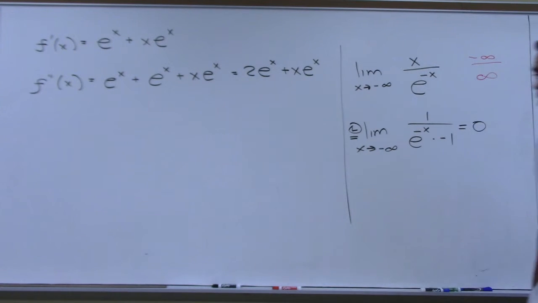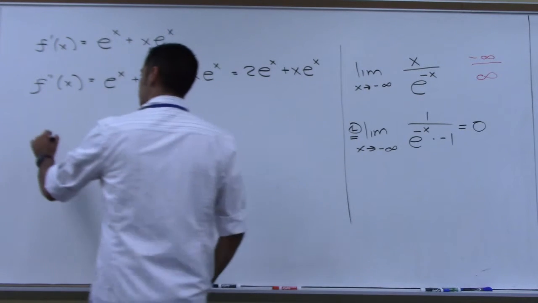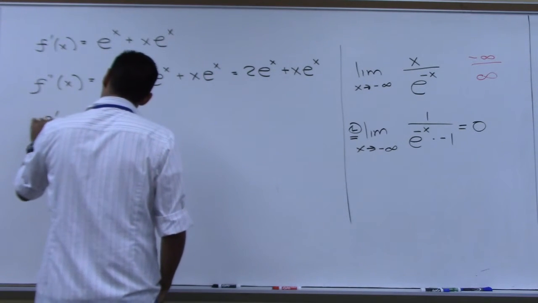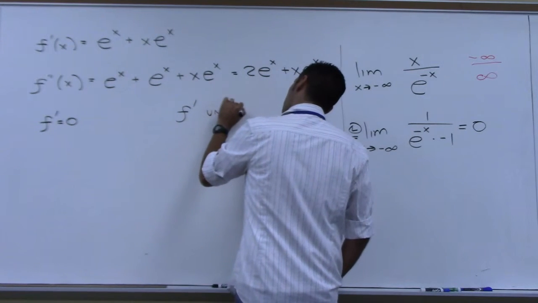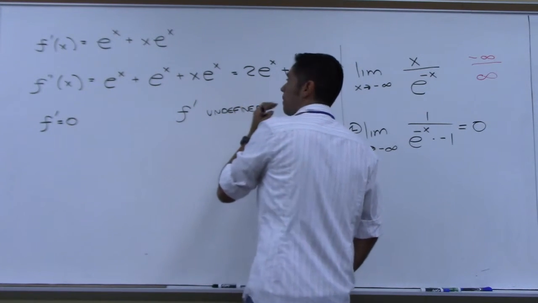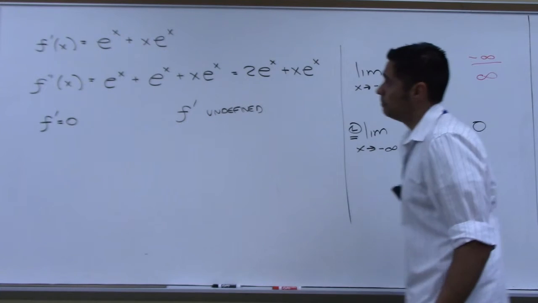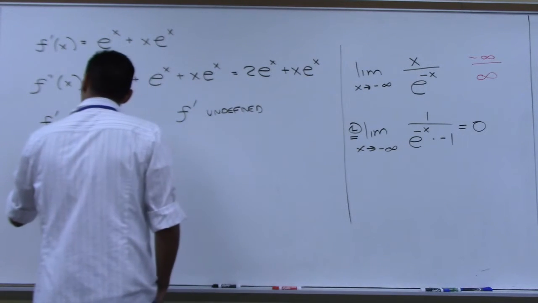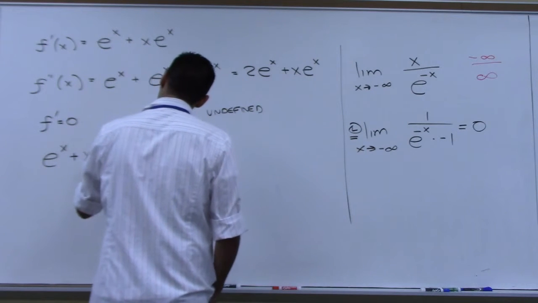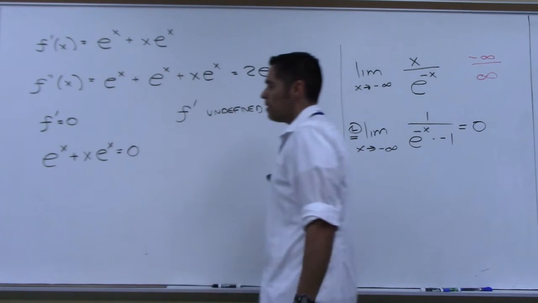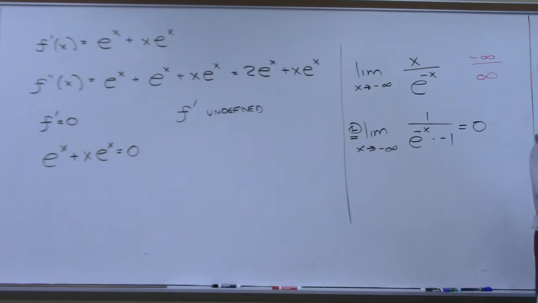All right, so let's figure out where our first derivative is 0. Where's our first derivative 0? Where's the first derivative undefined? So how about where it's 0? I have to set e to the x plus x e to the x equal to 0. Can you do anything with that? You can factor an e to the x out.